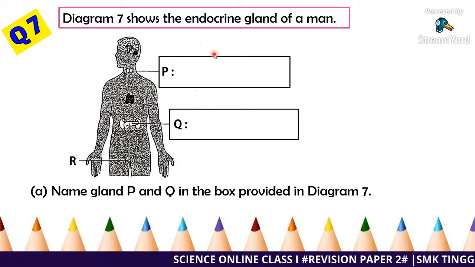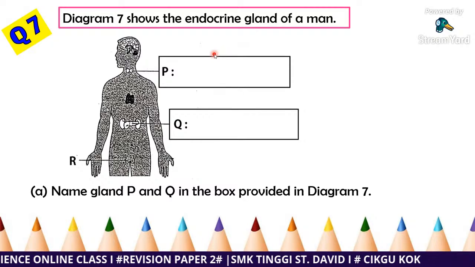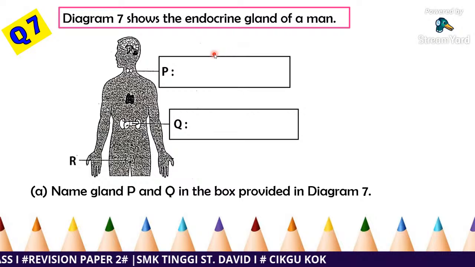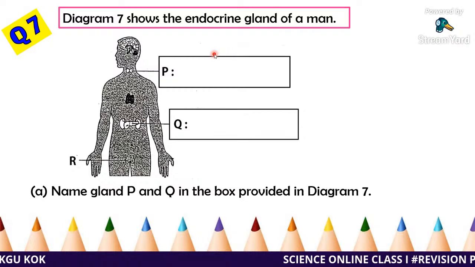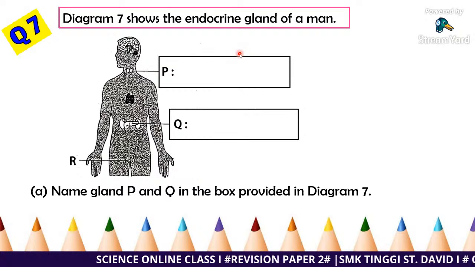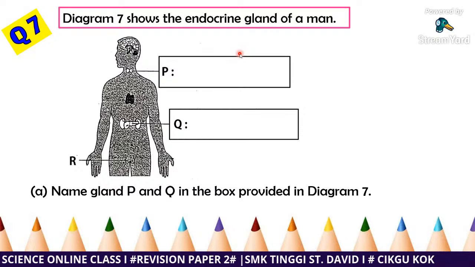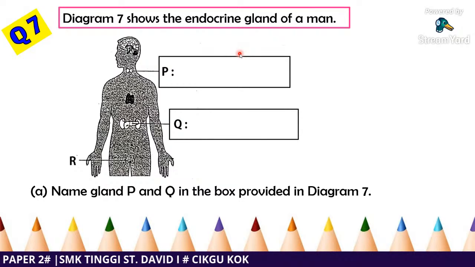Okay, if I cannot finish, I want to extend the time. Sorry, I want to take some time. Okay, P. Children are still answering infrared thermometer. I want to go to answer 7 already. What's the name for the P?